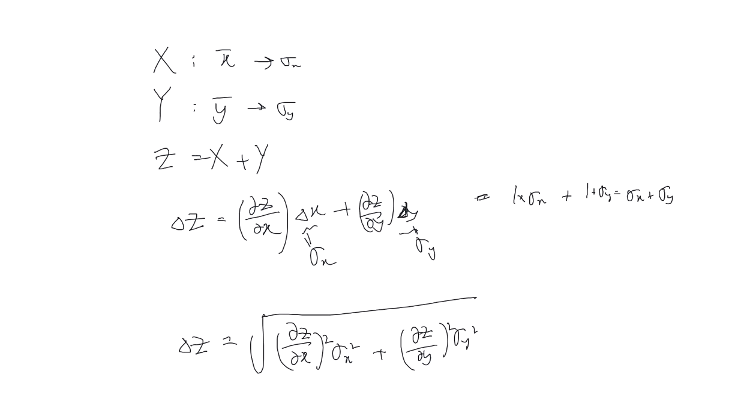So what is z? What is z, and its uncertainty? Oh, sorry.